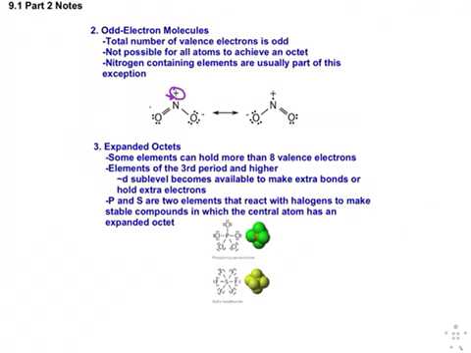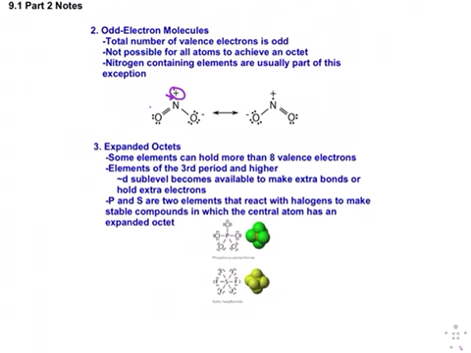Expanded octets, for some nerdy reason, these are my favorite, maybe because they're the most obvious to see. Some elements can hold more than 8 valence electrons. Pretty much if the element is in the 3rd period or higher, so the 3rd row on the periodic table, the 4th row, the 5th row, those elements are likely to expand their octet, meaning they can hold more than 8 valence electrons.